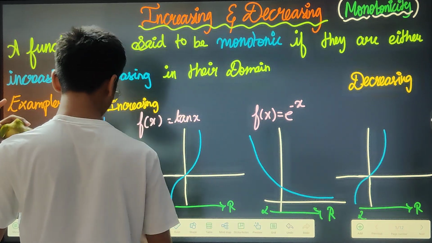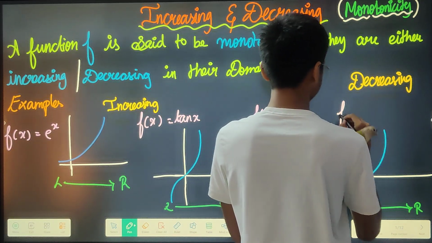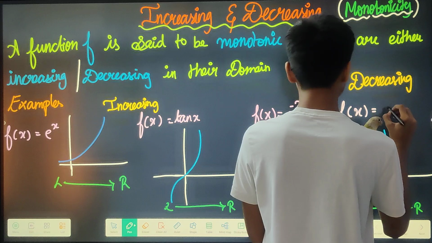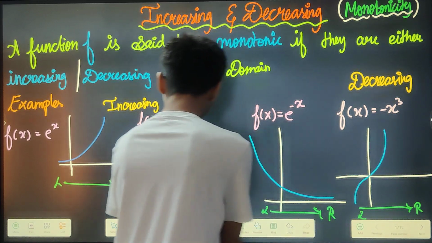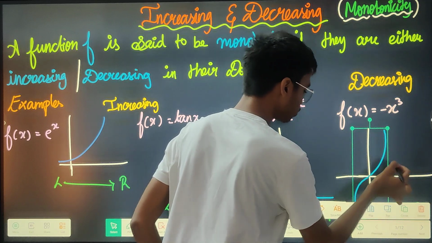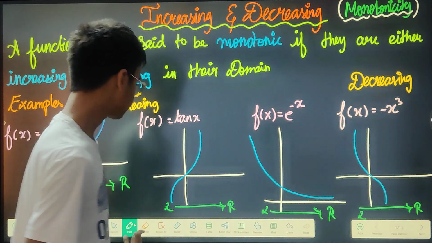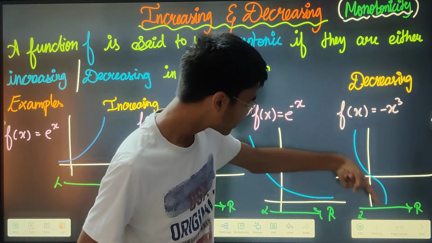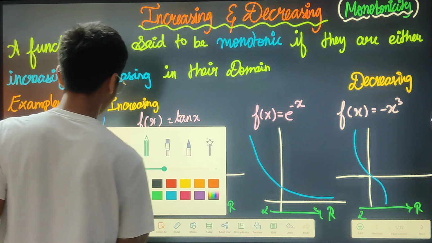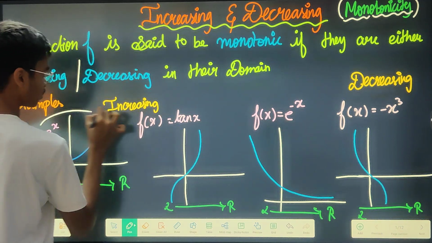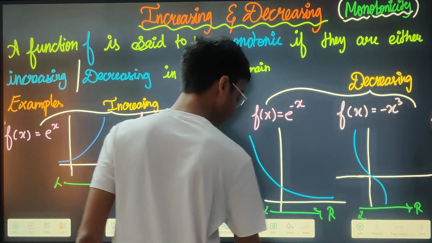The graph for minus x cube is going to be like this, where you can see that it just keeps on decreasing. So this is the basic graph for increasing and for decreasing.